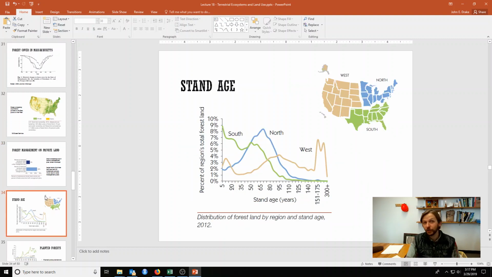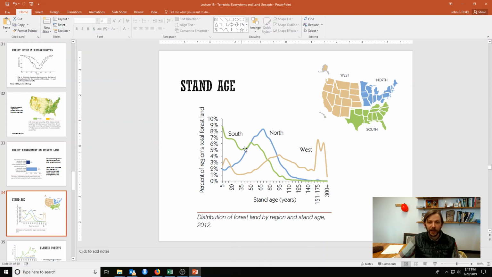Forests also really strongly differ in their age in the different geographic regions of the country. So in the south, particularly the southeast, with large-scale industrial pine plantation forestry, a lot of that forest is young, reflecting a 30-year rotation of pine forestry in the southeast.